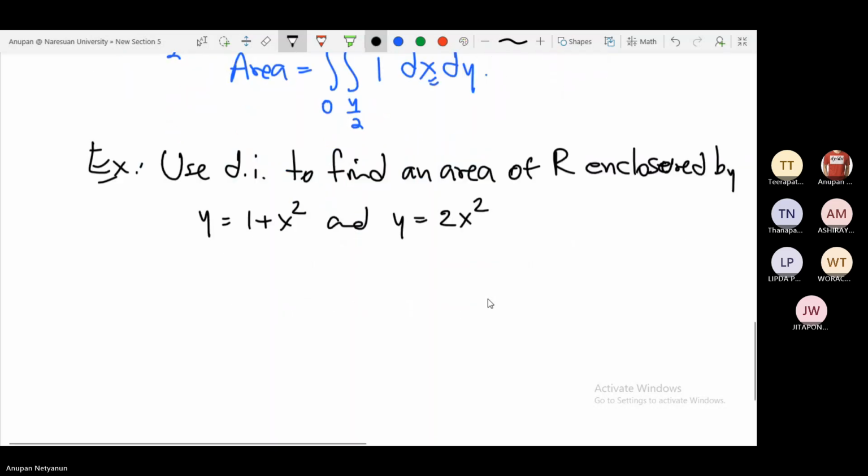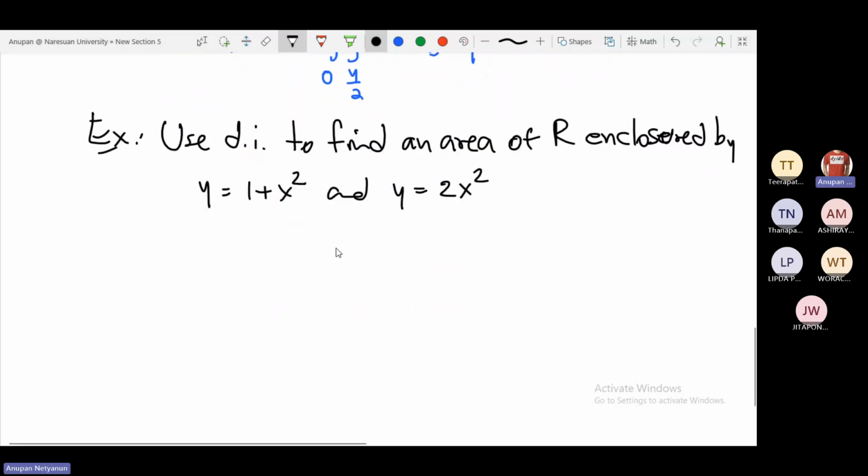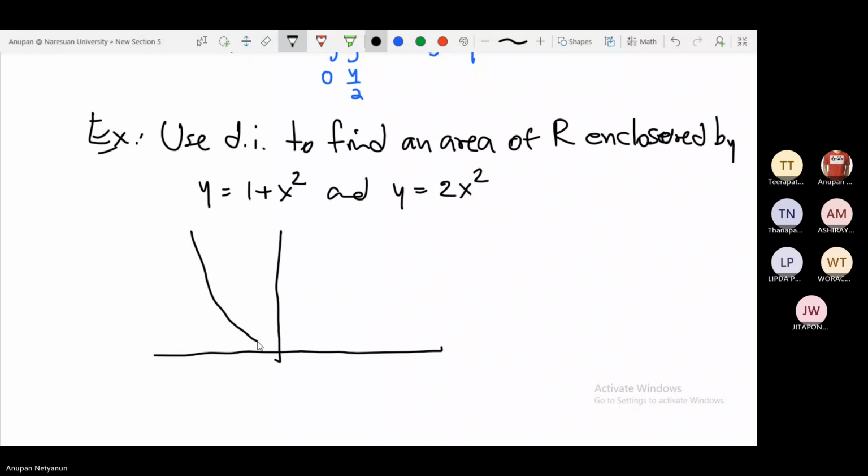Okay, so let me draw the graph. You have the narrower parabola. Actually, we have seen this problem before. And you have the wider parabola.